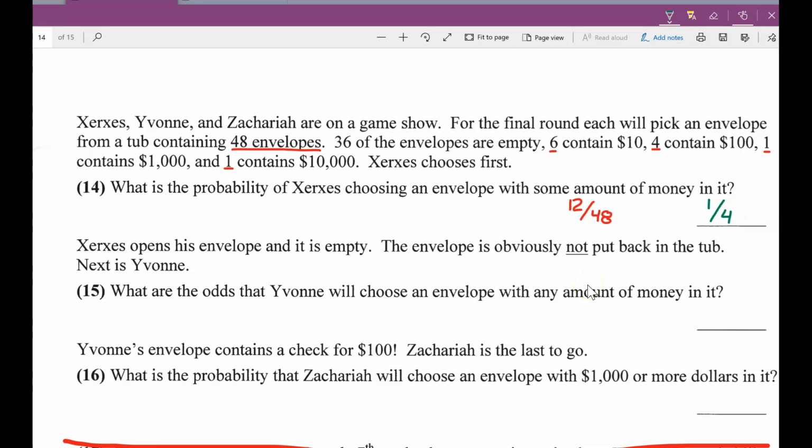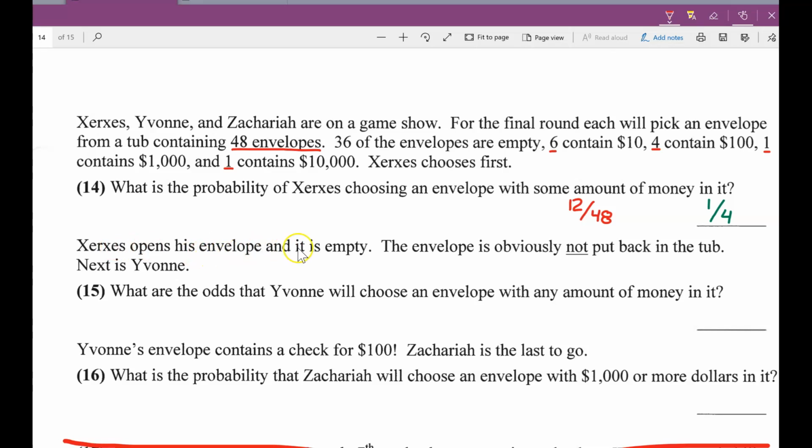So, the probability of Xerxes choosing an envelope with any amount of money in it is 12 out of 48, which simplifies to 1/4. All right, let's continue on in the story.